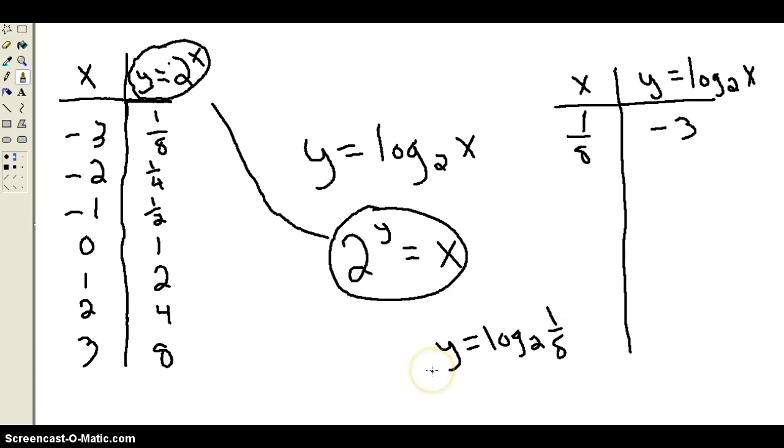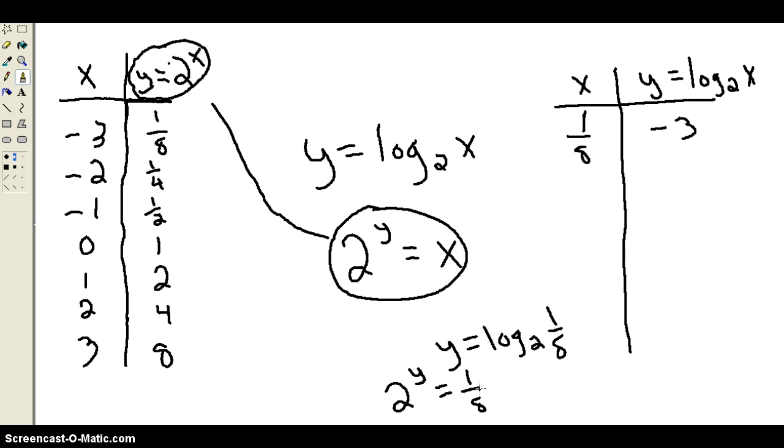Now when I reconstruct this into its exponential form, 2 to the y, you've got the base 2, and the exponent is y, equals 1/8. Well, 2 to what power gives you 1/8? That power should be -3. So 2 to the -3rd power gives you 1/8. Let's just further confirm that.